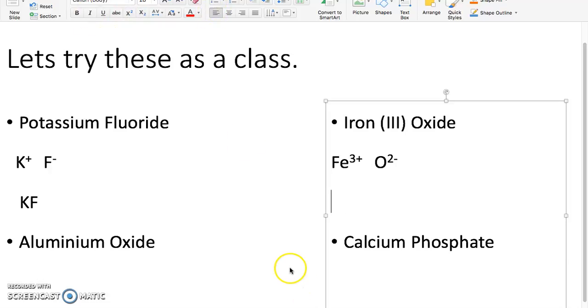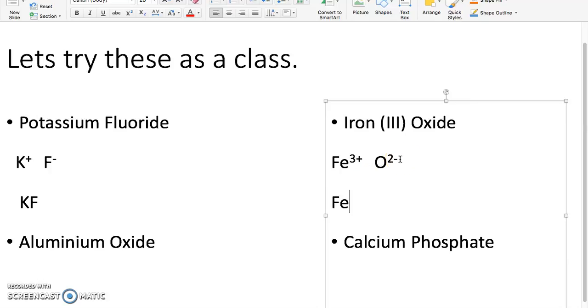When you're doing examples like this one, we have to balance out the charge, and that can be tricky because you can't just add a single oxide to balance out the charge of the 3+. In this case, you have to look for the lowest common multiple for both, which is 6. So in total, the ions are going to have a +6 charge, and the oxides are going to have a -6 charge. To do that, we have to add subscripts.